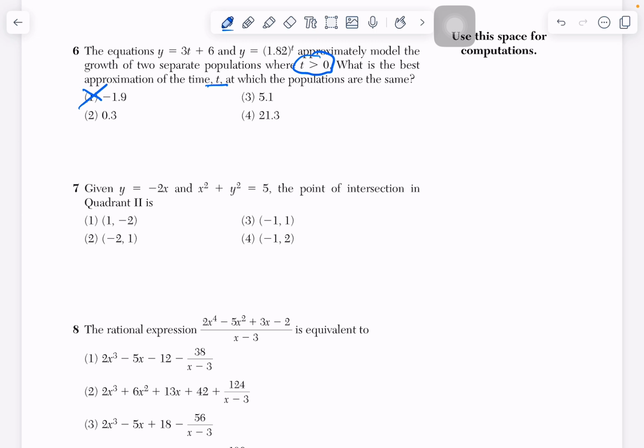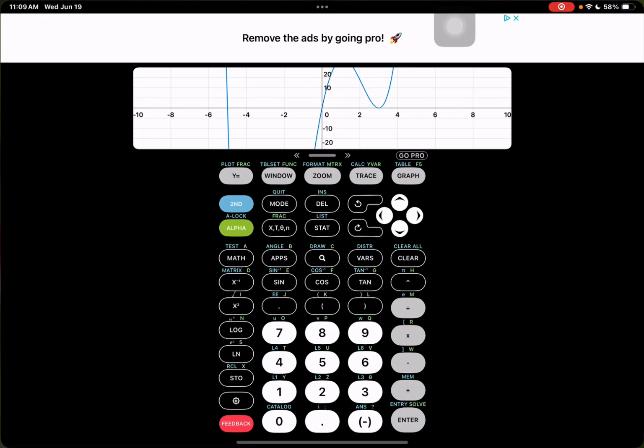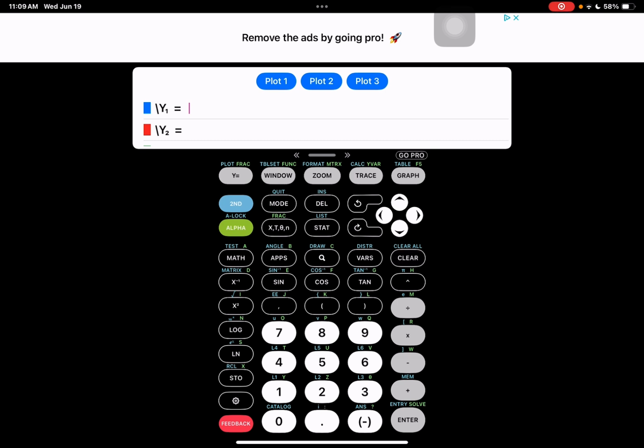But let's look at this on a calculator. Again, I didn't change the window. I'm sorry I can't get a TI-84 on this, but let's go back to this. Let's clear this one and let's put in 3x + 6, and let's put in parentheses 1.82 raised to the x power.